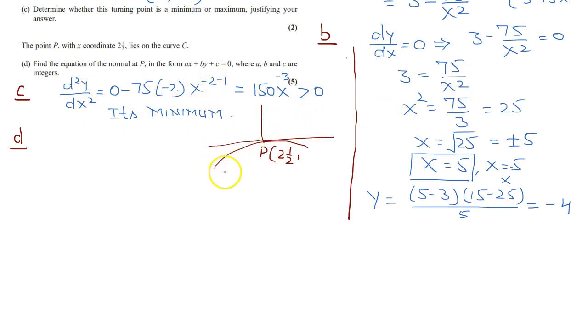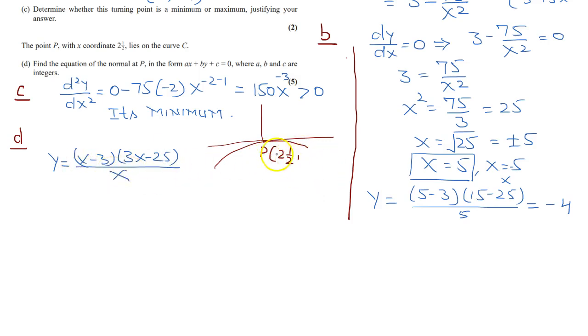The equation of the curve is y is equal to (x minus 3)(3x minus 25) over x.